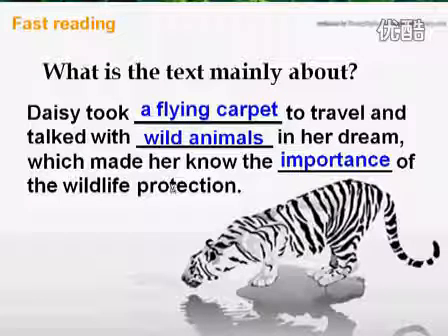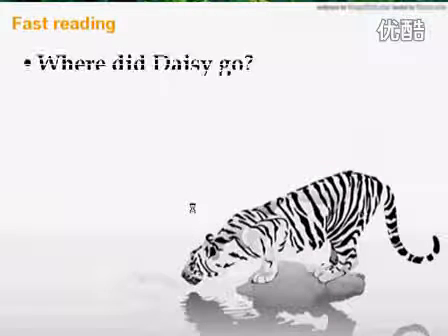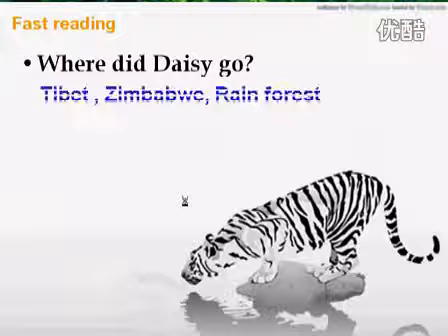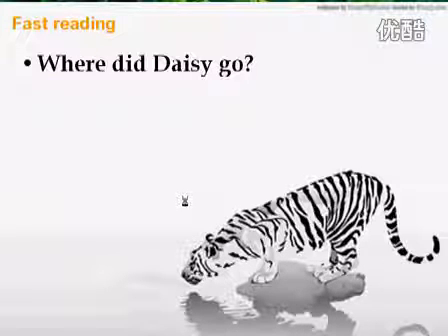Yeah. Daisy not only talked to the wild animals in her dream, she also got to know something about the importance of wildlife protection. So have you got them right? Yeah. Okay. Also in the fast reading part, where did Daisy go? Yeah, the three places.